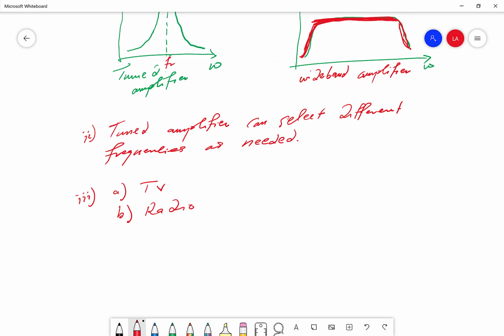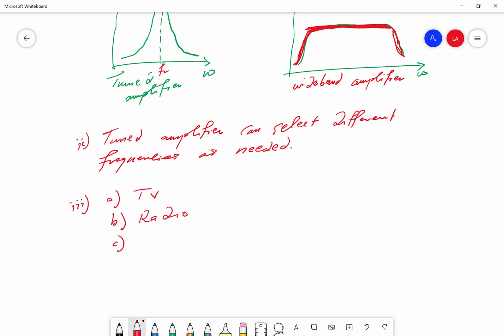And then to add one, we will say instrumentation systems. What tuned amplifiers would basically be used for in instrumentation systems would be to isolate signals.